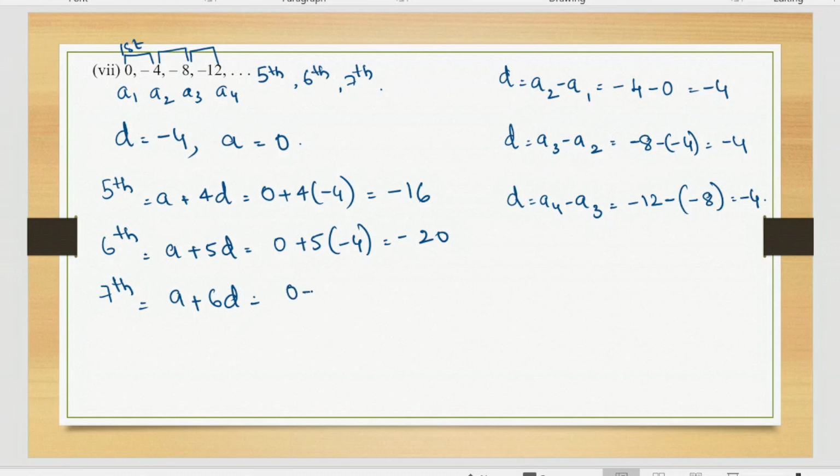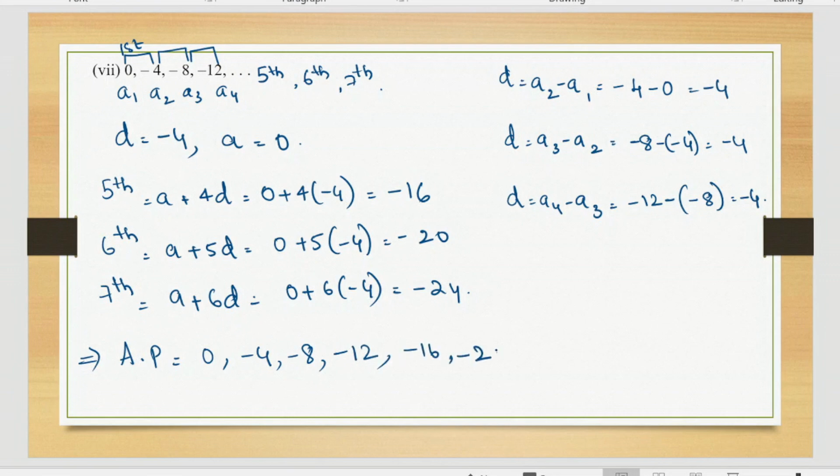So A is 0 plus 6 into minus 4. D is minus 4, which is minus 24. So therefore the final AP with the next three terms is 0, minus 4, minus 8, minus 12, and the next three terms are minus 16, minus 20 and minus 24. Okay, clear?